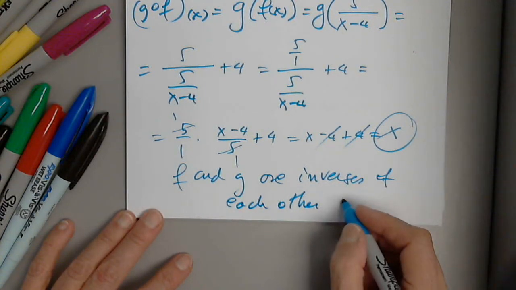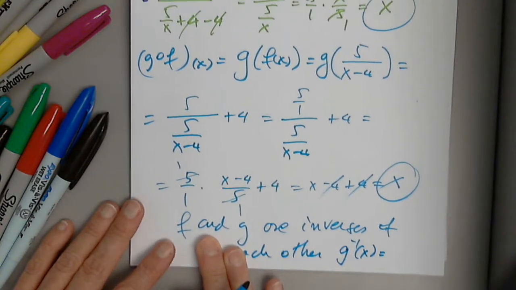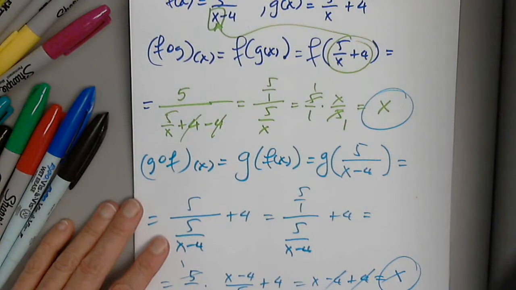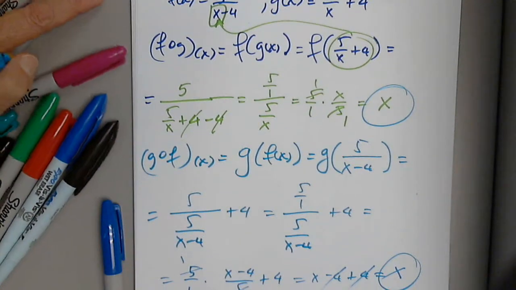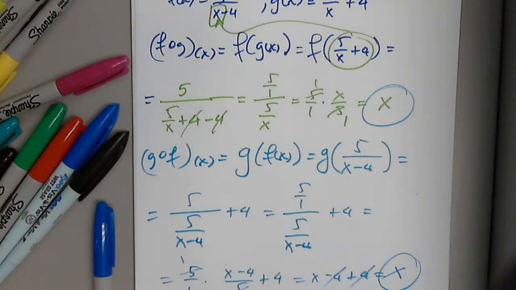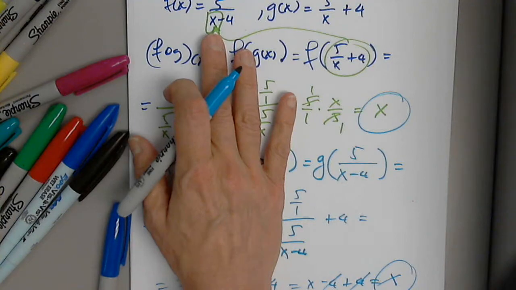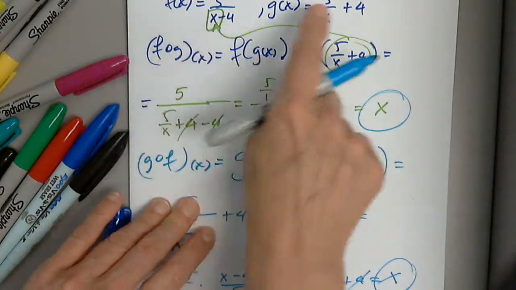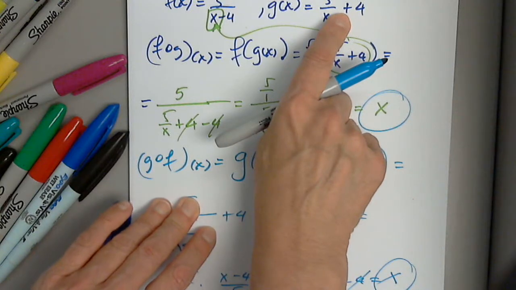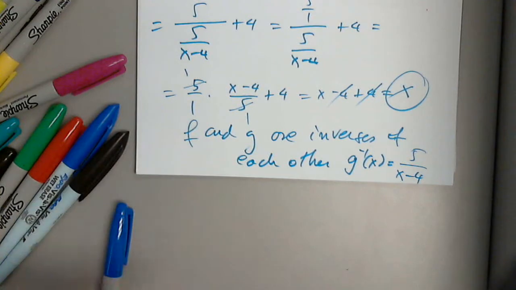Can anyone give us g inverse with no calculations whatsoever? If these two are inverses of each other, this must be g inverse and this must be f inverse. So this is 5 over x minus 4.